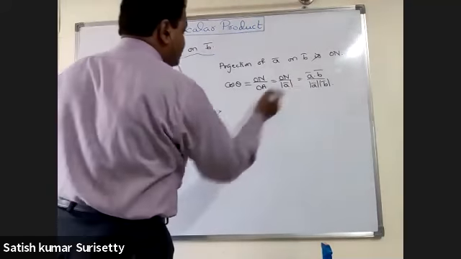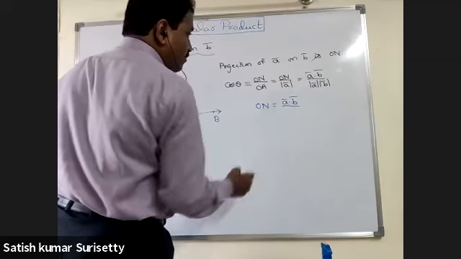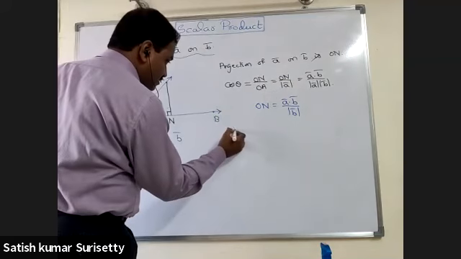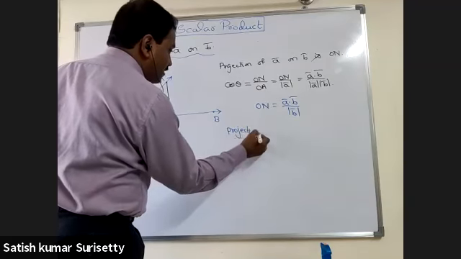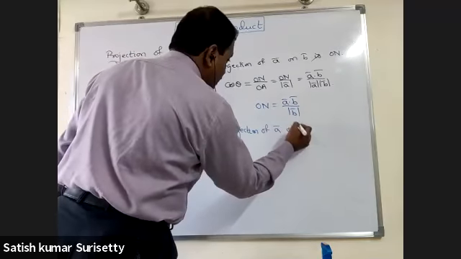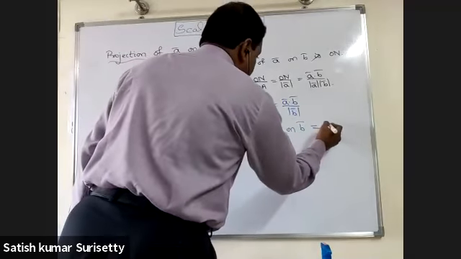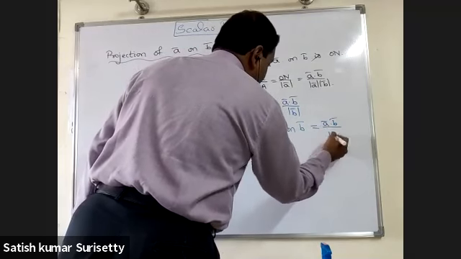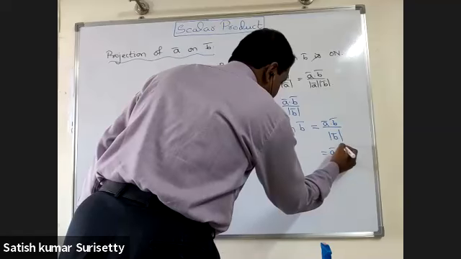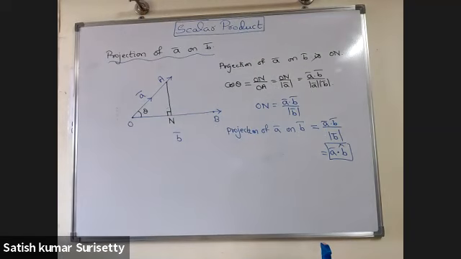So from this, ON equal to A bar dot B bar upon modulus of B bar. That is, the projection of A bar on B bar or along B bar is A bar dot B bar upon modulus of B bar, or you can write it as A bar dot B cap, because B cap equal to B bar upon modulus of B bar.